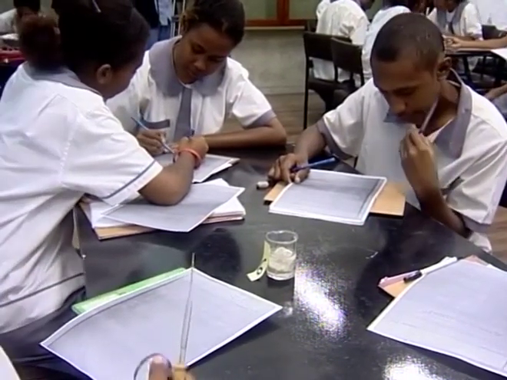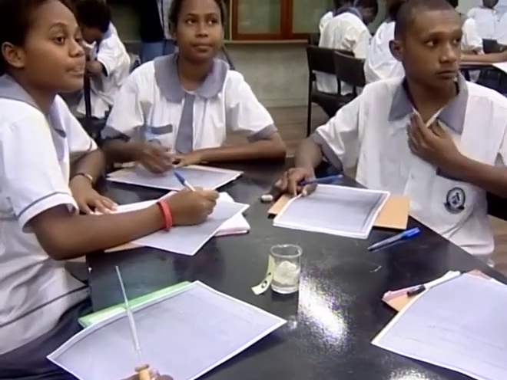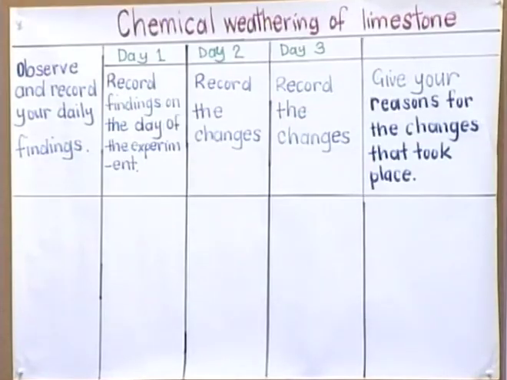Then the limestone that you have in the vinegar will be put away, and you will have the next 2 days to observe to see what will happen. And you are to record those findings in the table that has been provided.